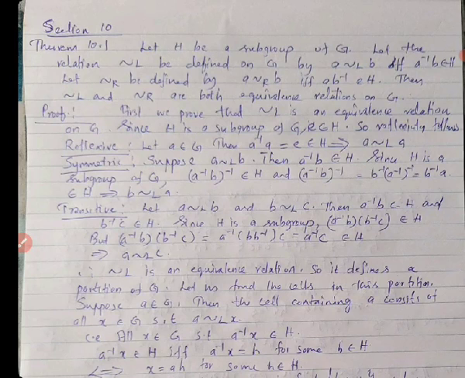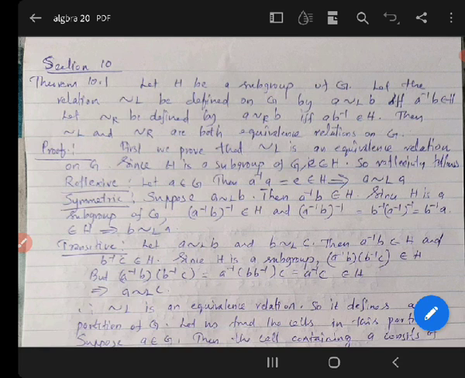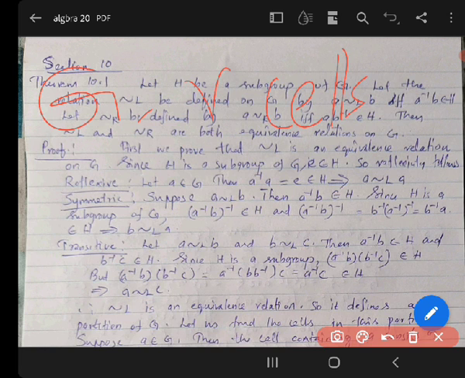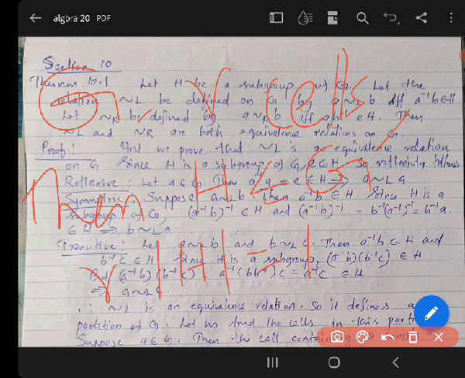The theorem says that the order of a subgroup always divides the order of the group G. Now the intuition behind the theorem is that if G is a group and you partition G using an equivalence relation into different cells, say R cells, then for any subgroup H of G, we will show that R into order of H is equal to order of G.